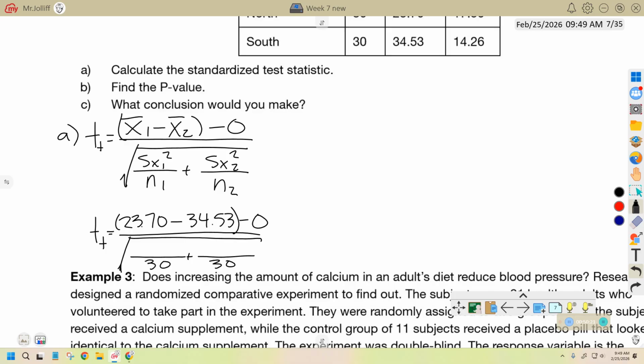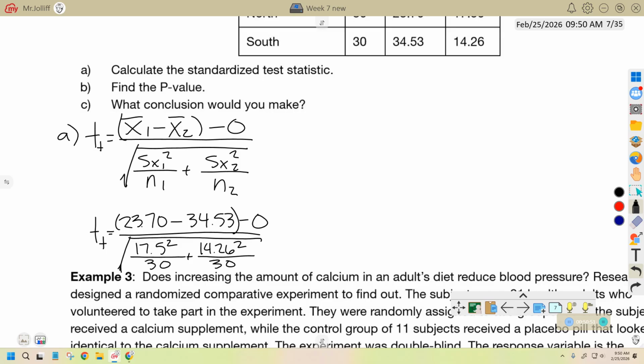Sample size was 30 for both. Standard deviation for group 1. Jeanette, could you give me the standard deviation for the north? 17.5 squared. And then south is 14.26. Yeah, okay. You can only see the bottom row of the table. Good.